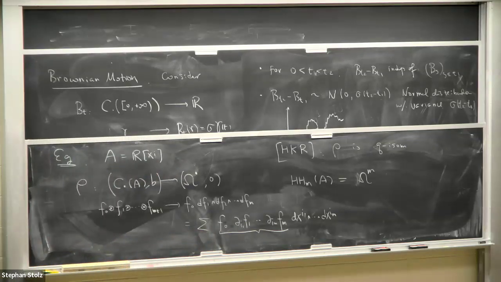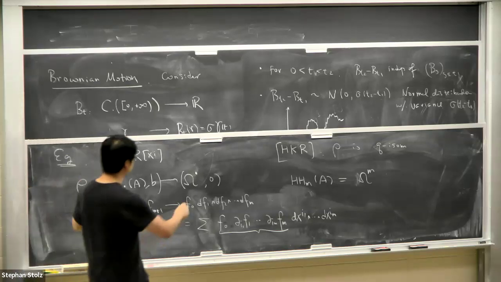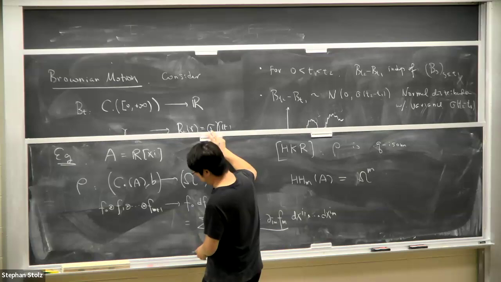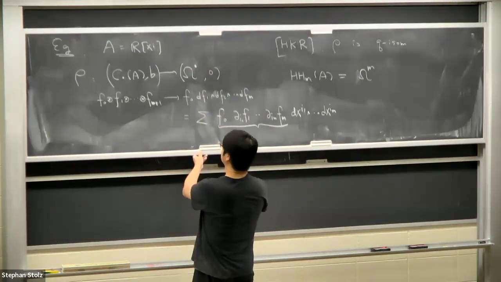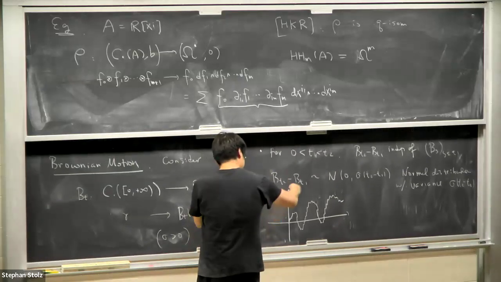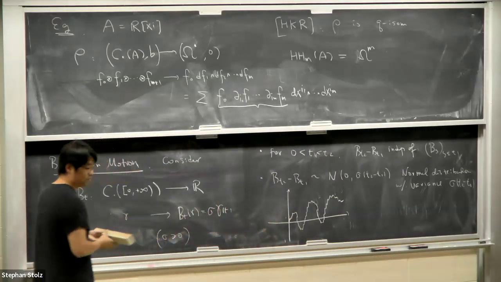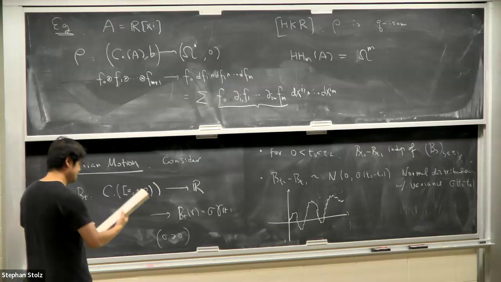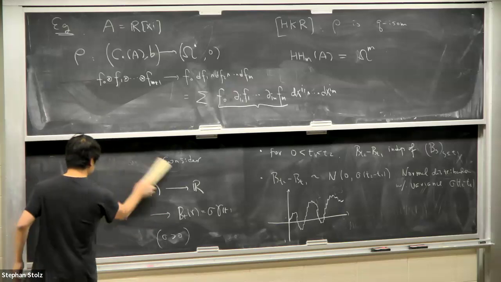That will explain the property of this product as well. So that's what I'm going to do next. Adding this randomness produces a quantization and some nice algebraic structure.